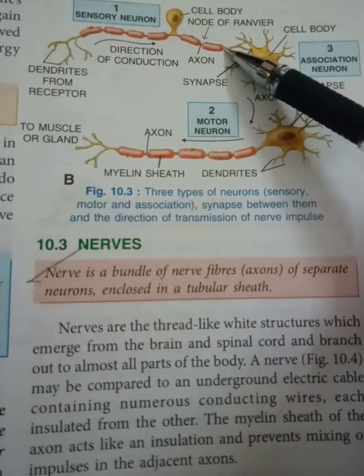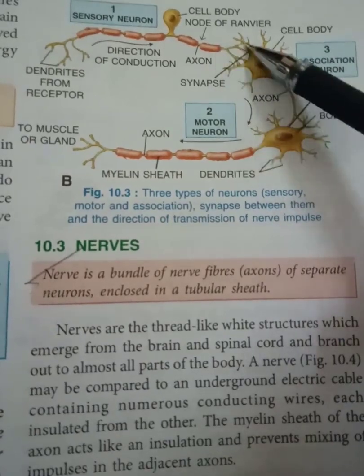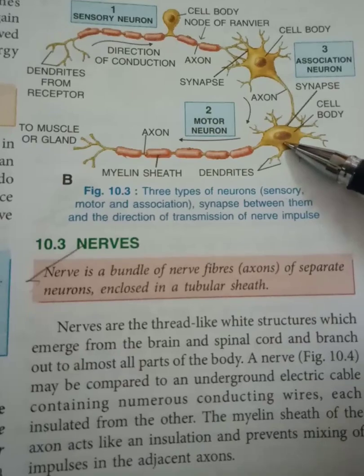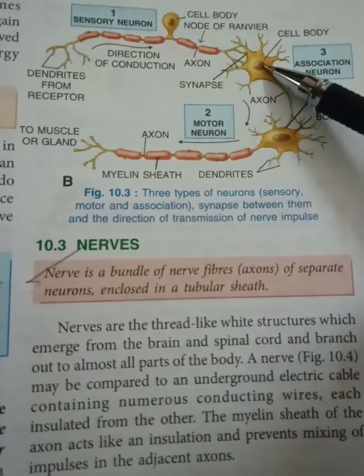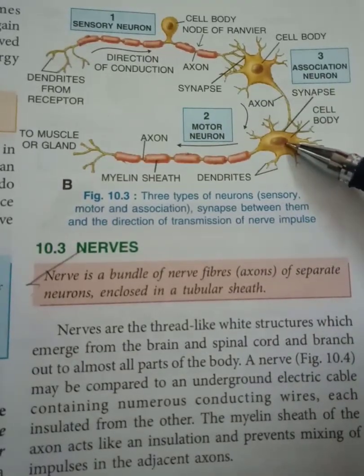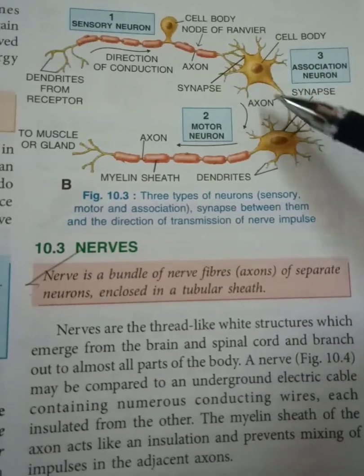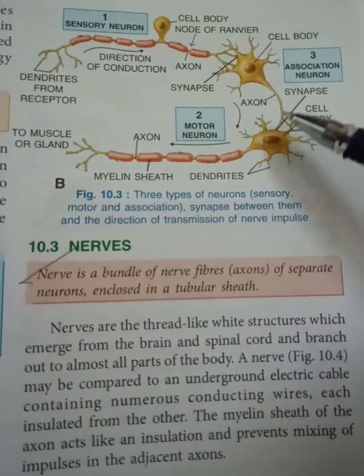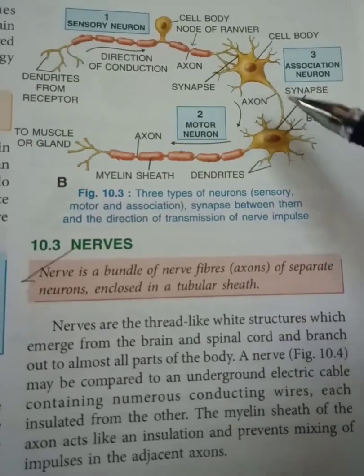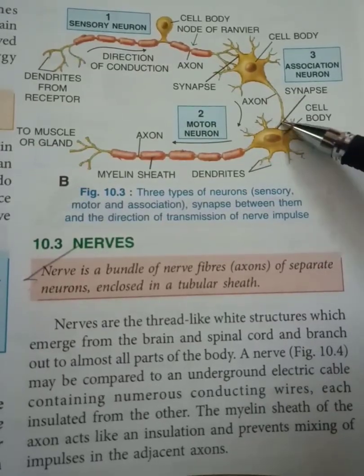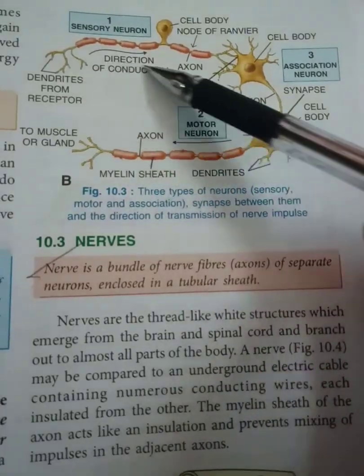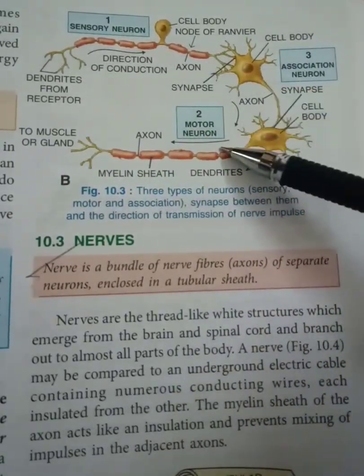Here it is attaching itself to the dendrites of these axon endings, which are taking the impulse to association neuron, and association neuron is transmitting it to this cell body of the next. This is axon of association neuron, and it will be transmitted to motor neuron cell body, dendrites here, axon attaching to dendrites with a fine gap, synapse here, then motor neuron, and arrows you can see direction of conduction of nerve impulse.